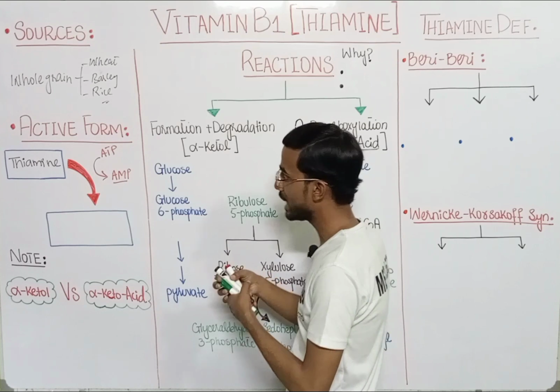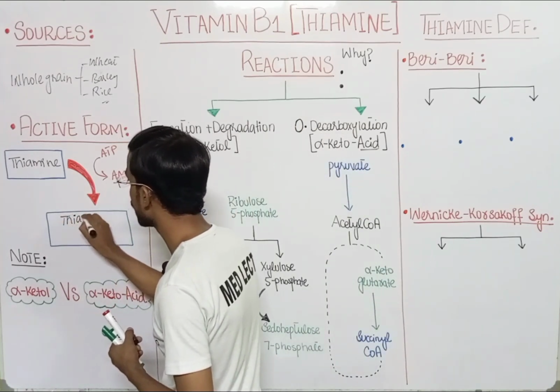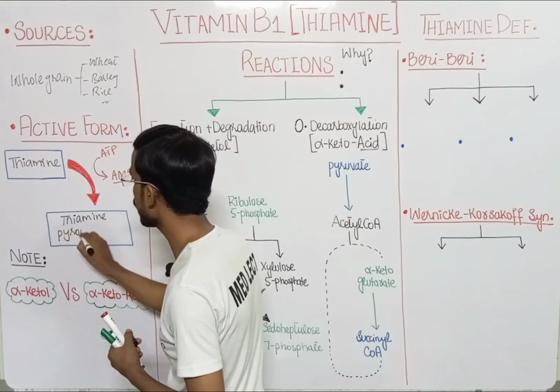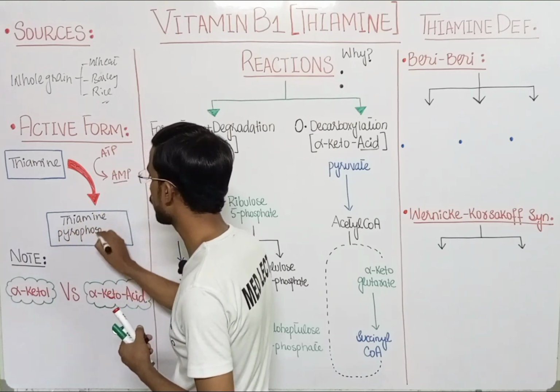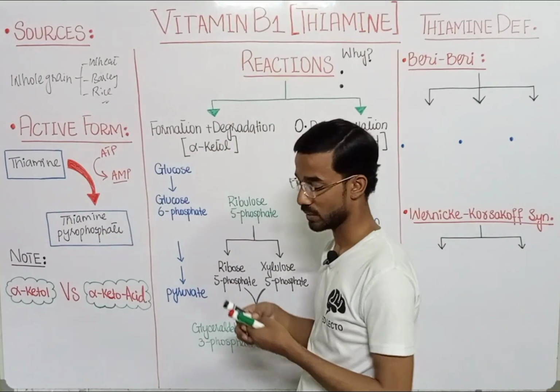Now it converts into thiamine pyrophosphate, which is the active form of thiamine.